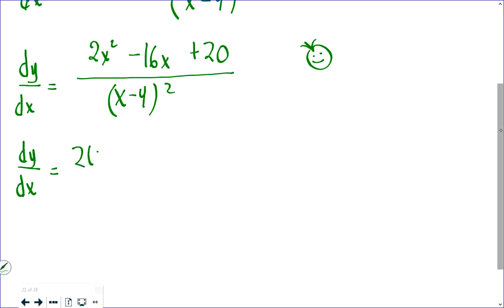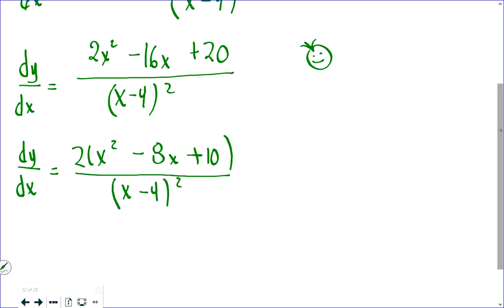I can take a 2 out, and I get x squared minus 8x plus 10 over x minus 4 squared. And then I would say, is the top factorable? That is to say, are there two numbers that multiply to give 10 and add to give negative 8?